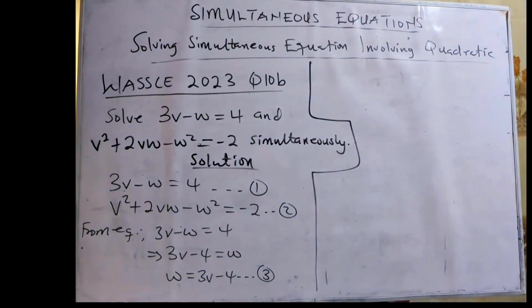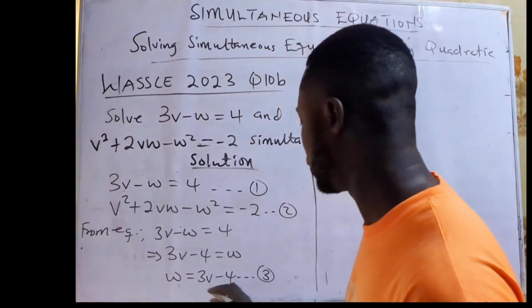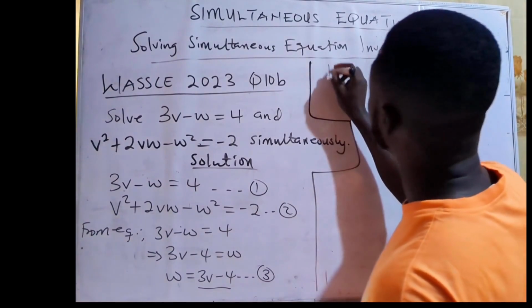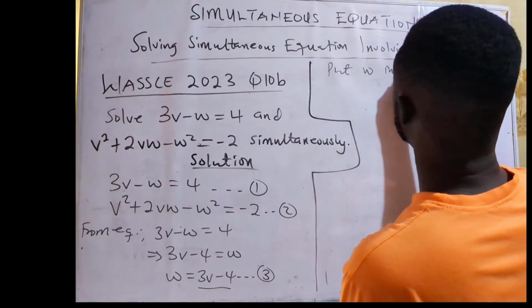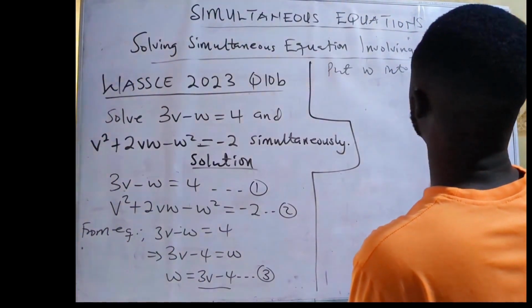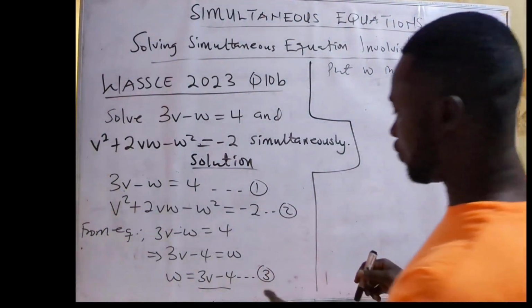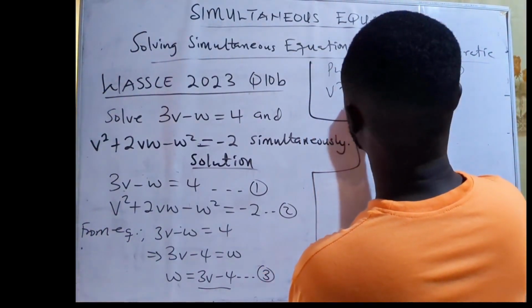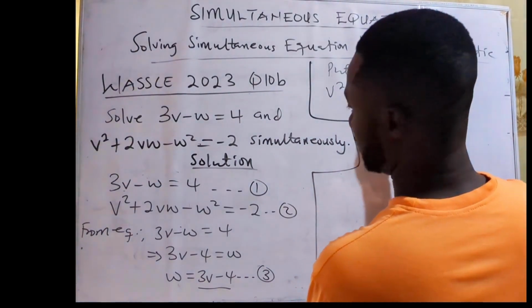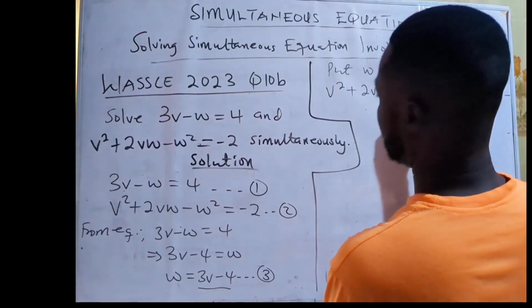So we are going to do substitution. Since we made w the subject from equation 1, we are going to substitute the expression, putting w into equation 2. From our equation 2, we have v squared plus 2v, what is our w? 3v minus 4.